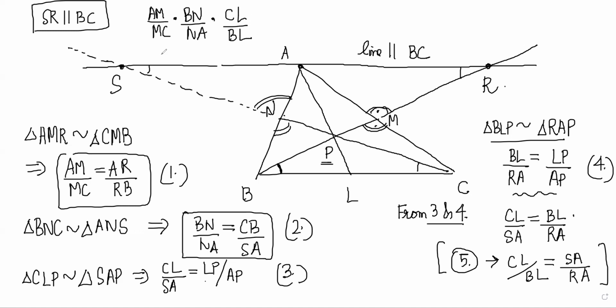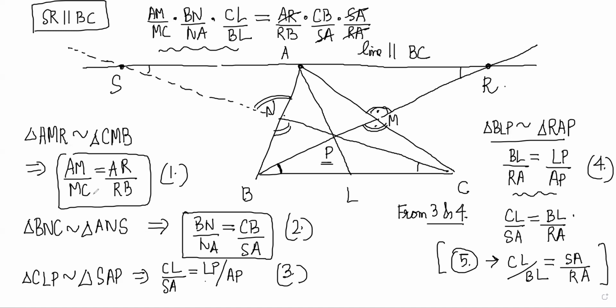I'm multiplying the left hand sides of 1, 2, and 5, is equal to AR by RB. This is the right hand side multiplied by CB by SA multiplied by SA by RA. Notice that SA gets cancelled, RA gets cancelled, CB by RB.